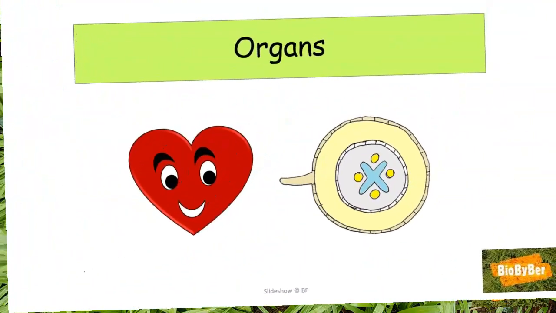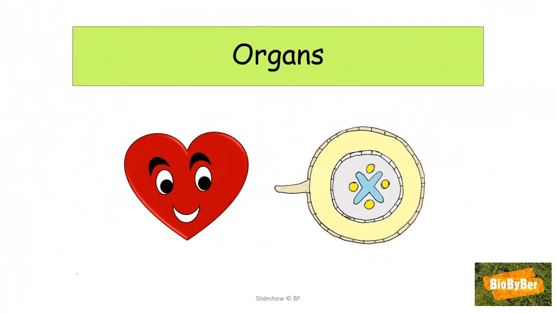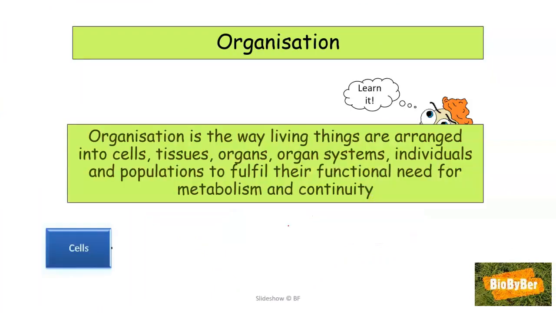Let's look at organs. Before we look at organs in detail, let's remind ourselves of the definition of organisation. Organisation is a characteristic of life and is therefore an important definition for us to know.